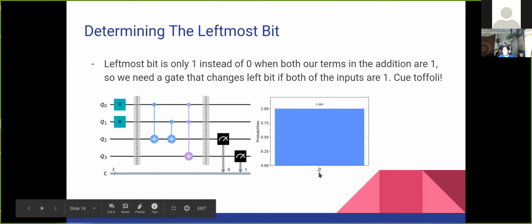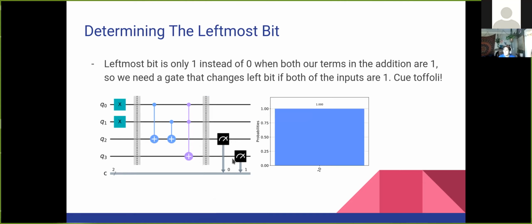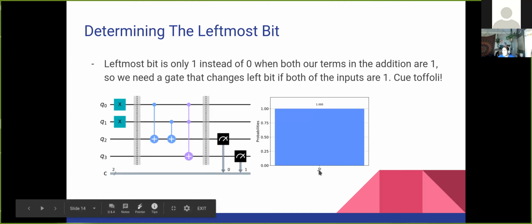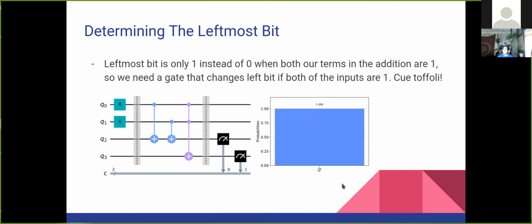And so we see we've got leftmost is 1, rightmost, which is just that second ancillary qubit that we introduced, is 0. And so at that point we get this nice half adder that allows us to add and actually get an accurate addition for 2 bits, right?